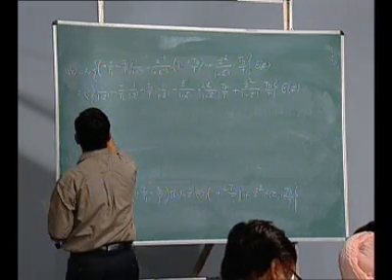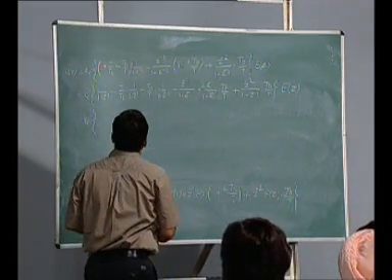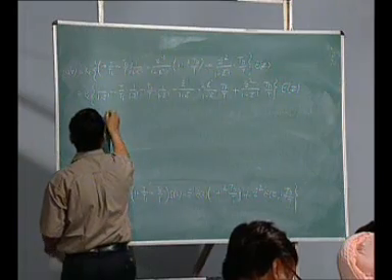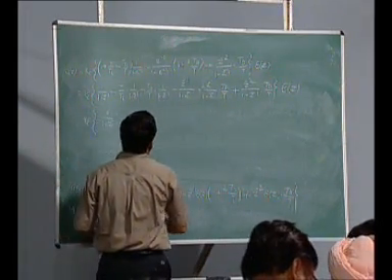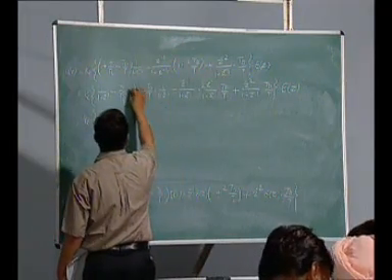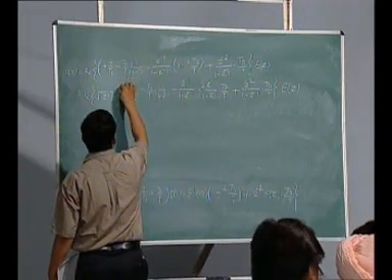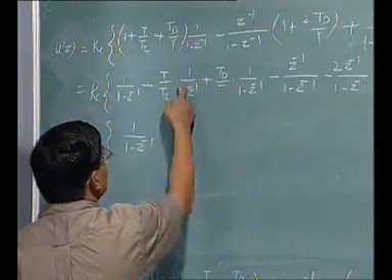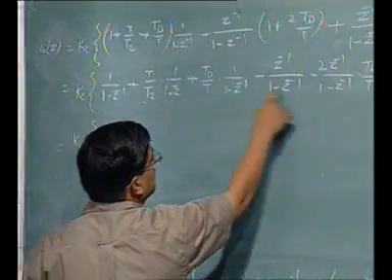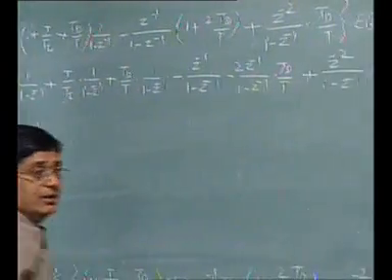Now Kc times 1 upon 1 minus Z inverse. Now collect the terms T upon Ti, which is only a single term, while the Td upon T terms have two or three terms.